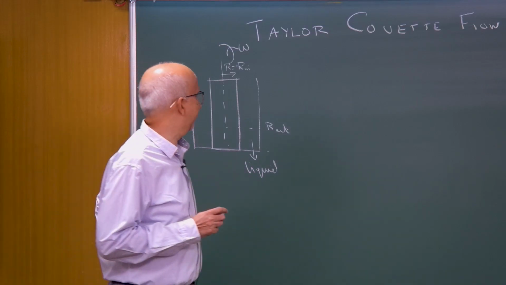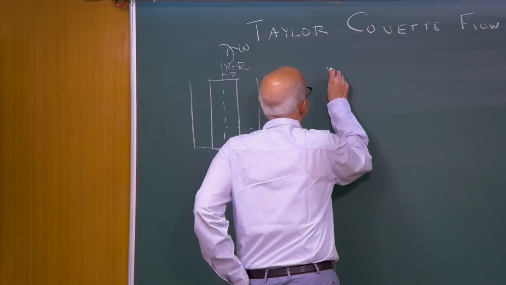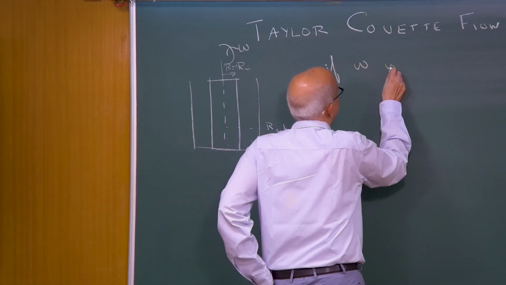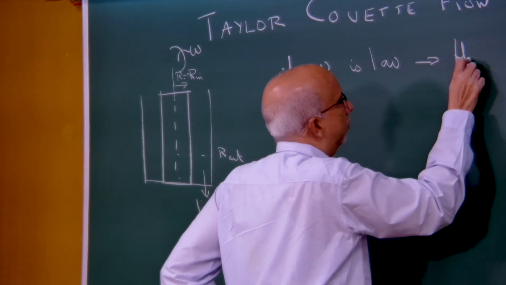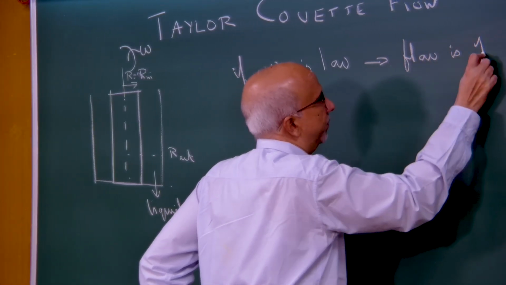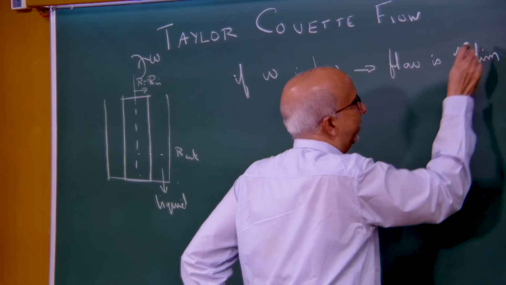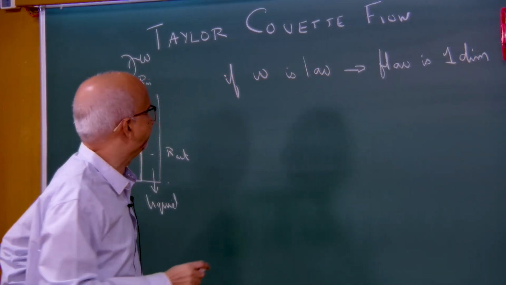Now, the idea is, if this omega is low, okay, then the flow is one dimensional, and we will see what it is.